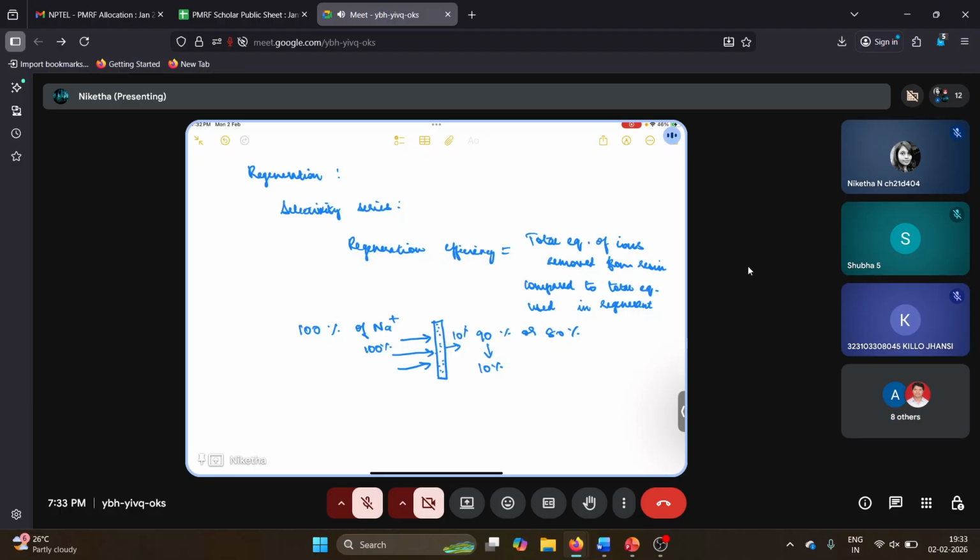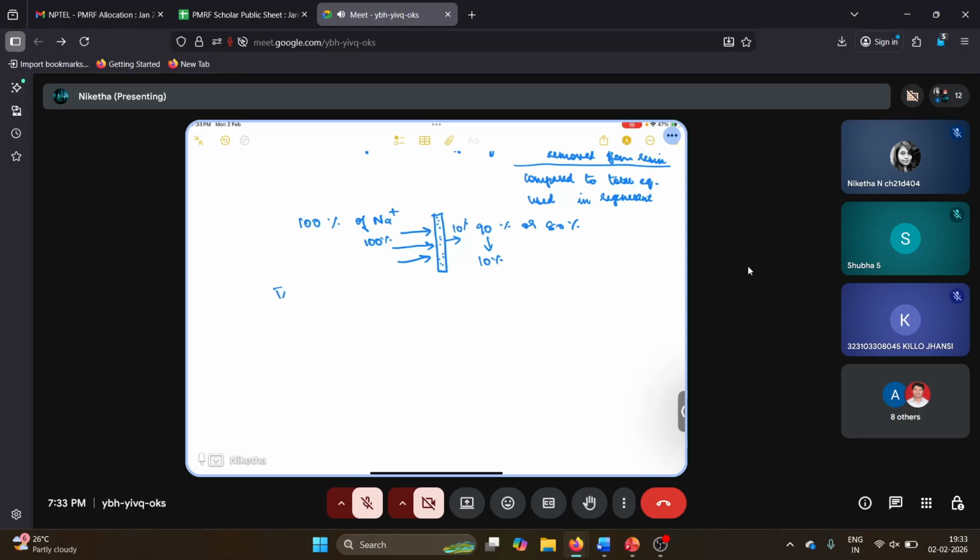So now let's look at the types of regeneration system. The first one is co-current. The second one is counter current.